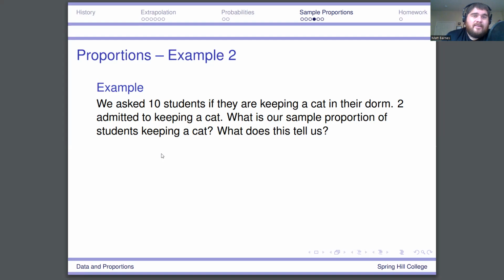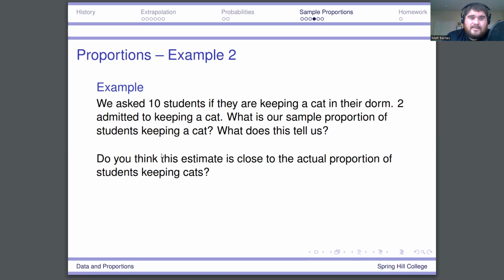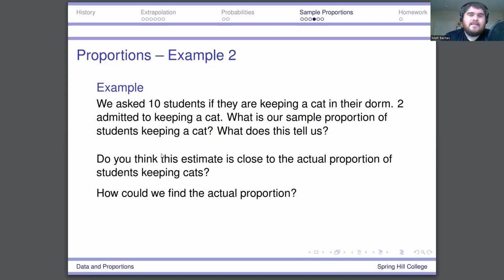So what exactly does that tell us? Well, we could extrapolate that and say 20% of all students are keeping a cat in their dorm. And then we have to ask, do we think this estimate is close to the actual proportion of students that are keeping cats? Let's break that into a couple other questions. How would we find the actual proportion?